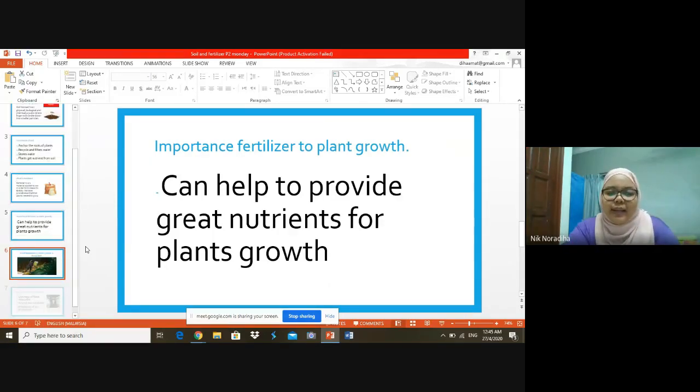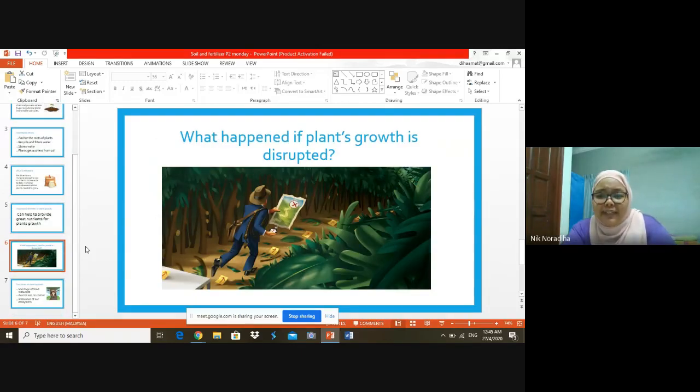Okay. Next one. What happens if plant growth is disrupted? Okay, let's say the plant is growing into a bigger tree, but suddenly the growth is disrupted. So it needs to stay a small plant forever. What will happen?